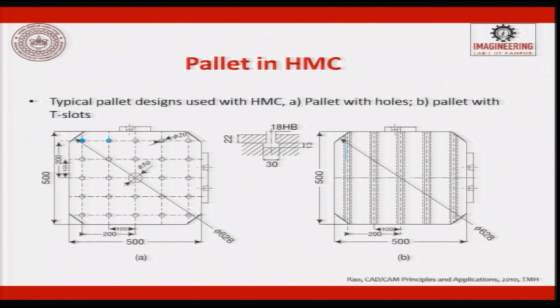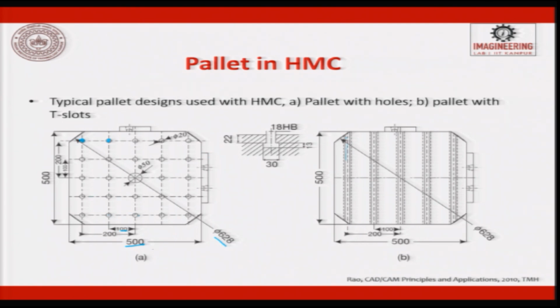Correspondingly, when you write a CNC program, you know the x, y, z coordinates of the workpieces very quickly. You can see here the diagonal distance is 628, the length is 500, between pin to pin it is 100. So, it is like a matrix, several dots equidistanced.